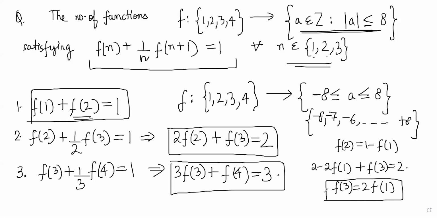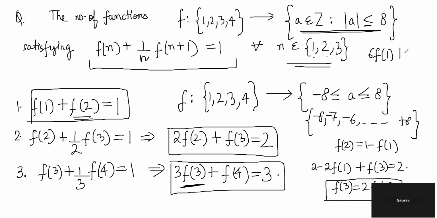correct? And now this f of 3 value we can put here, no? So we'll get 6 times f of 1 plus f of 4 is equal to 3, right? Do you understand?